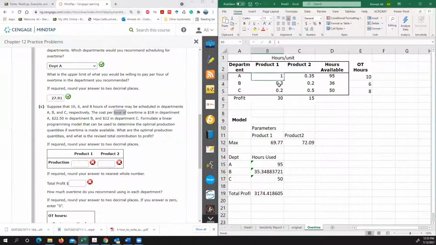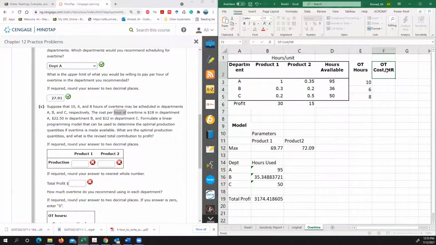So these are the cost and normal timing. And now we need the OT cost per hour. The OT cost per hour is 18 for this one, 22.5 for this one, and 12 for this one.